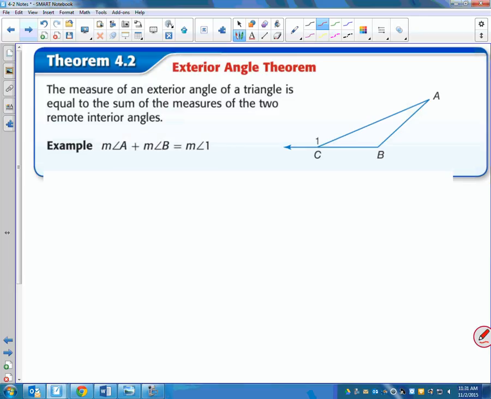So, using this picture, we can say the exterior angle, if you extend it, will always be equal to the sum of the other 2 angles, not the one right next to it. So angle A plus angle B will always equal that exterior angle on C. Can anyone explain how we could prove that's true?